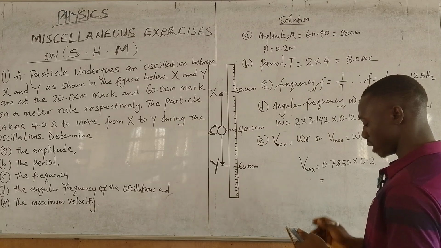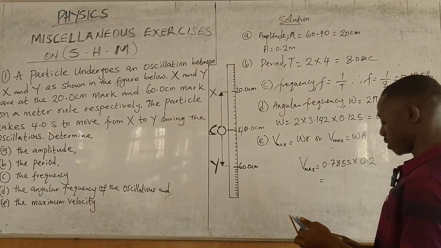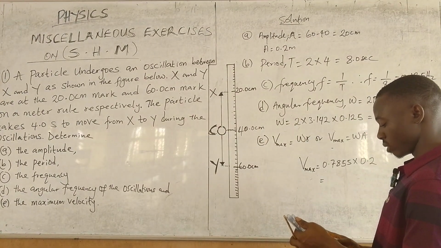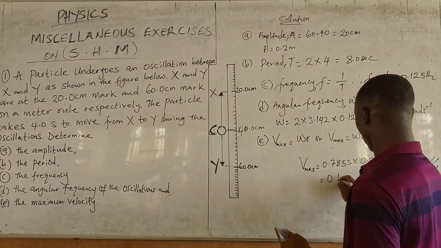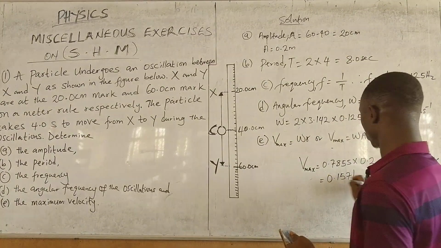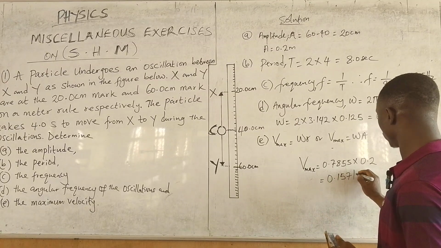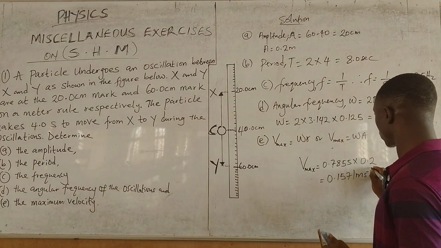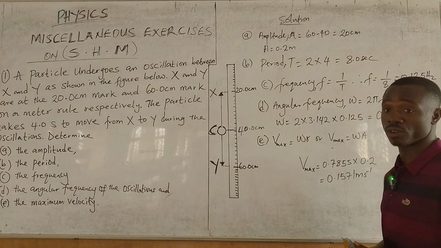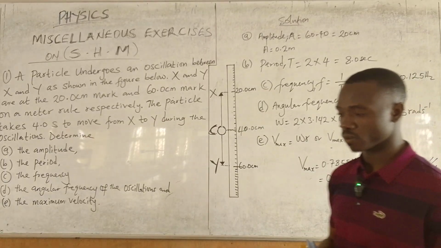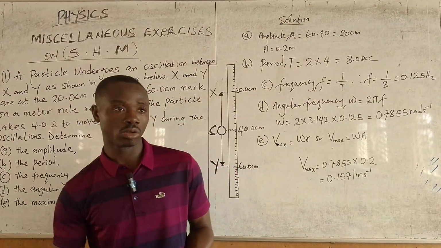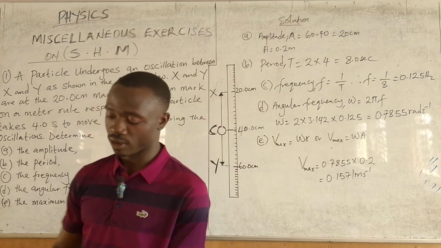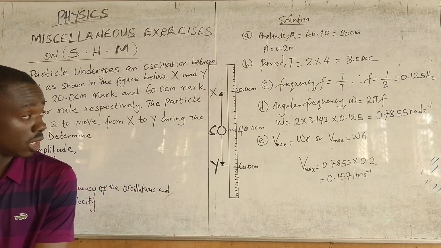So if you multiply the two, you're going to have 0.1571. Then the unit is what? Meter per second. Please don't ever forget to put your units when you are in the exam hall. Don't ever forget to put your unit.